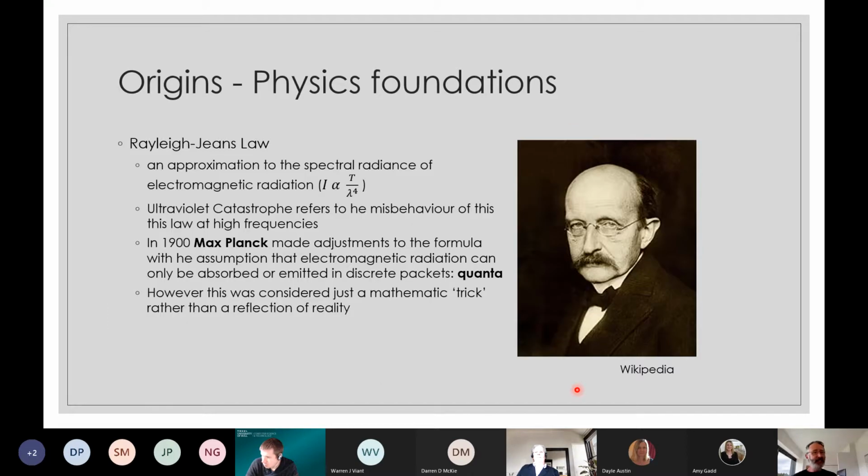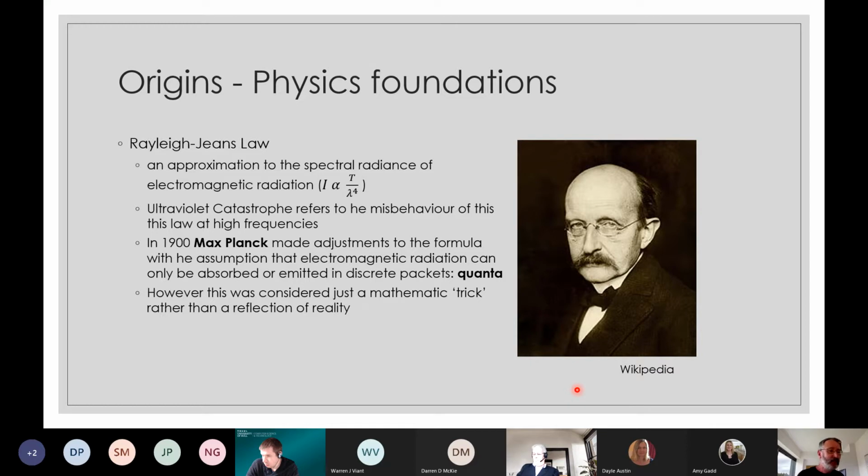Right, we jump to 1901 and Max Planck. He was looking at what's called the Rayleigh-Jeans law, which basically talks about the spectral radiance of electromagnetic radiation, which is, in a simple way, saying the energy emitted from a black body is proportional to its temperature divided by the fourth power of its wavelength.